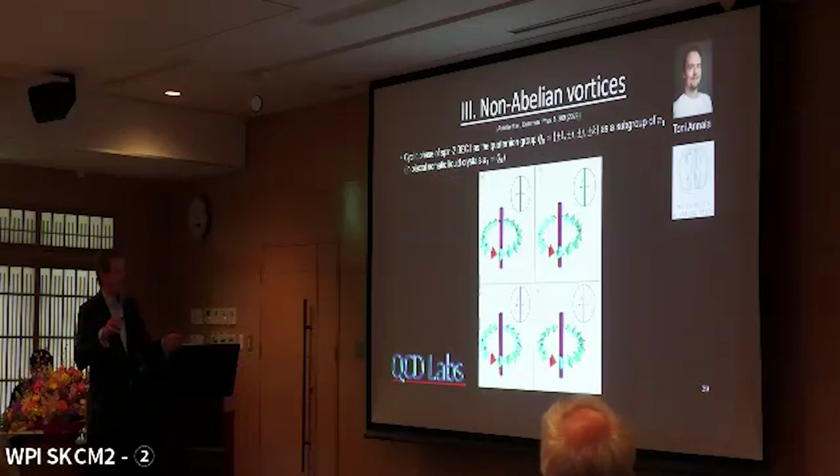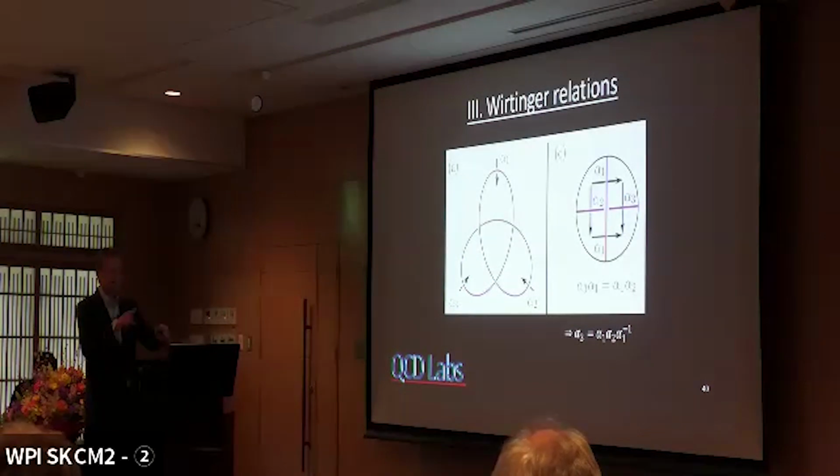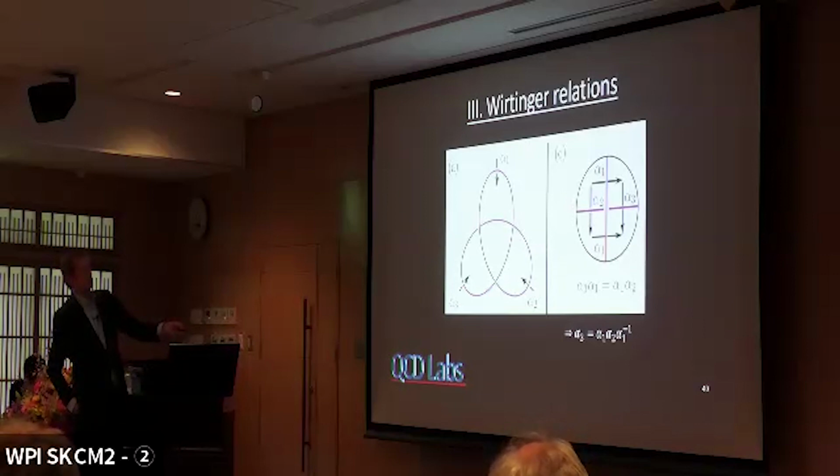These vortices have directions and they are non-trivial rotations. It turns out that these Wittinger relations tell us that if these two vortices cross, well, they don't really cross, but they go like this. When you look from here, the nature of one vortex should change when it goes under the other, according to the Wittinger relations.